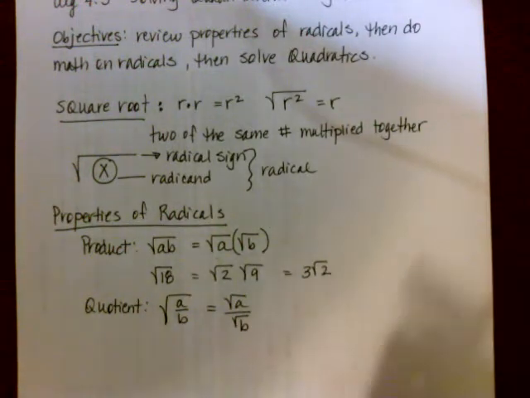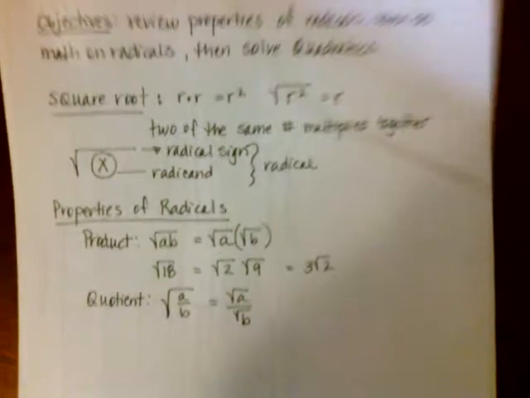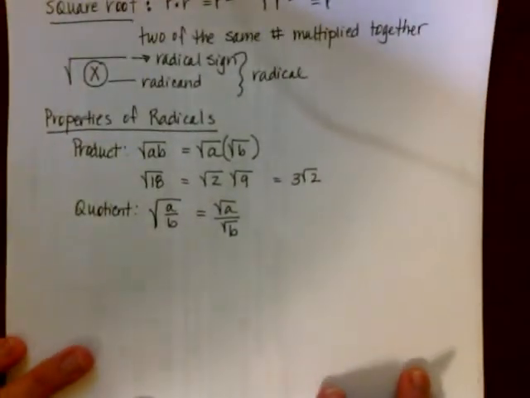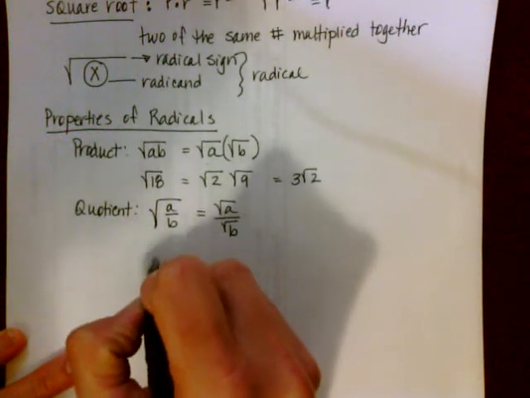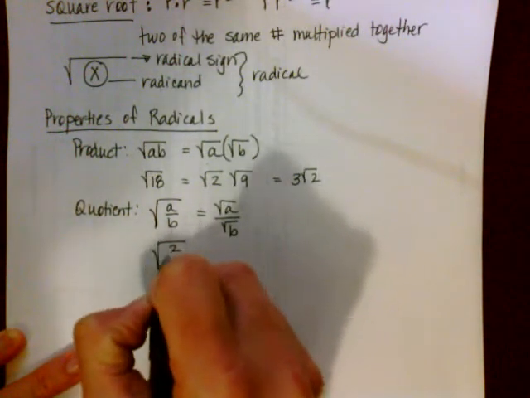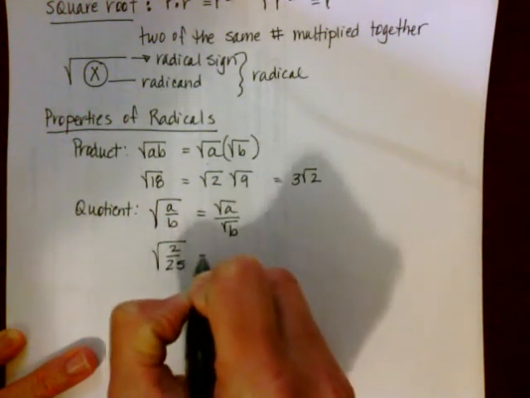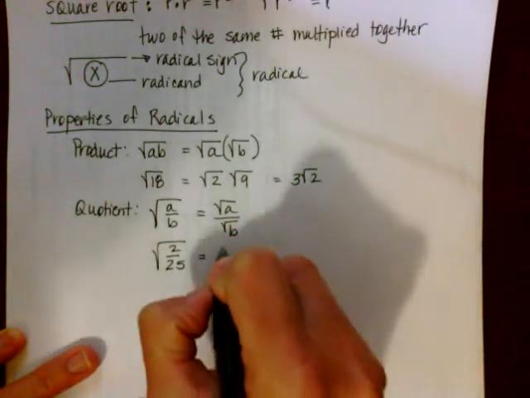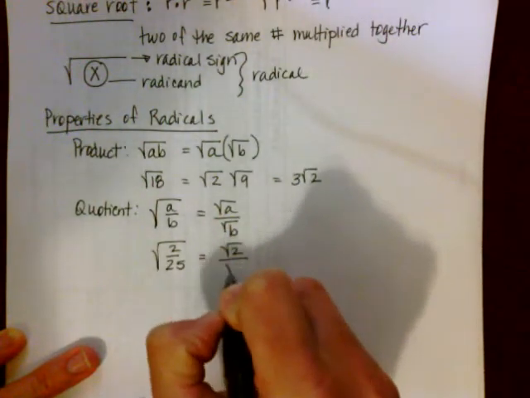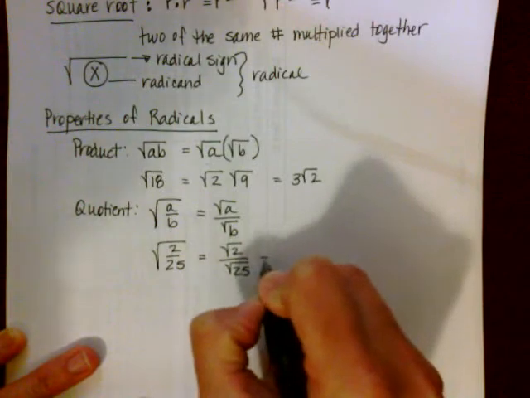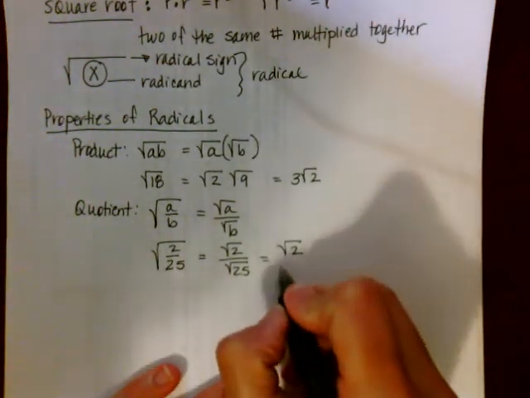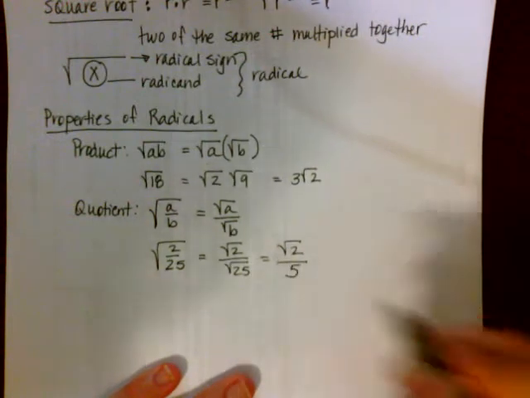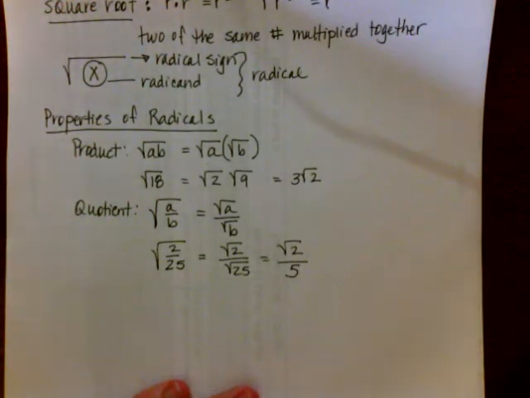And we'll talk about what happens in a little bit if I have a radical left in the denominator. So if I have the square root of 2 over 25, I could rewrite that as the square root of 2 over the square root of 25. The square root of 2 doesn't simplify, but the square root of 25 is 5.